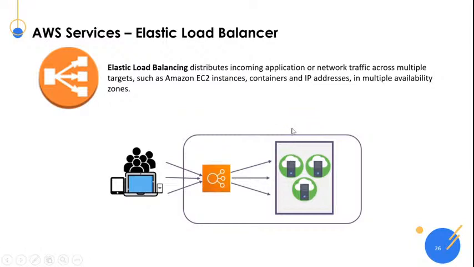If a server becomes unhealthy, your load balancer will stop routing traffic to that particular server and start routing to another server, which has less traffic on it, right? And this is the main job of the Elastic Load Balancer, which is to distribute traffic among all the healthy instances which are out there.